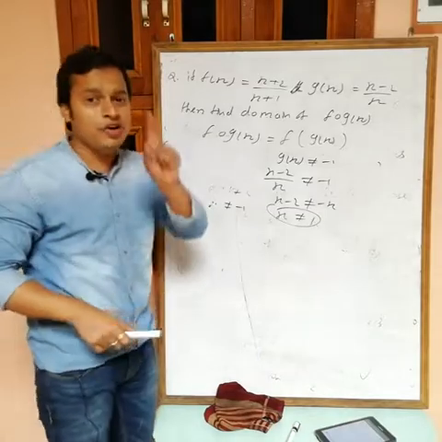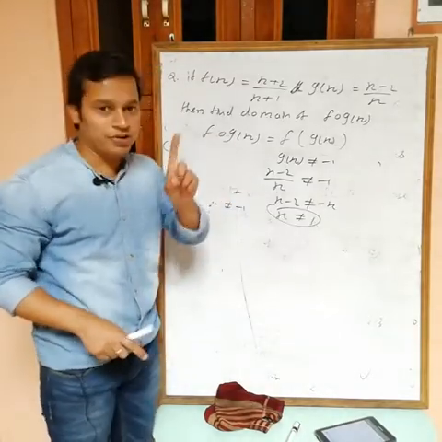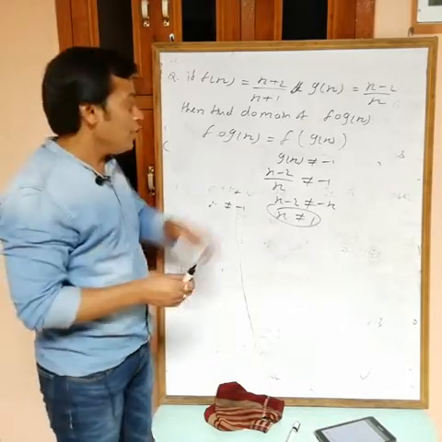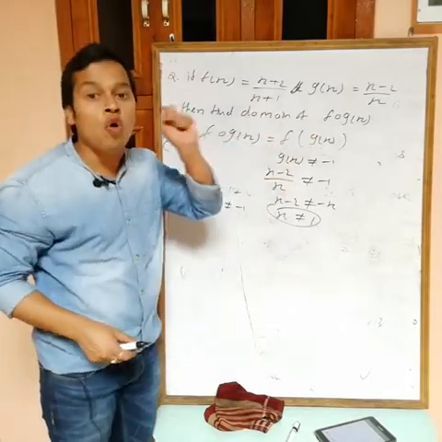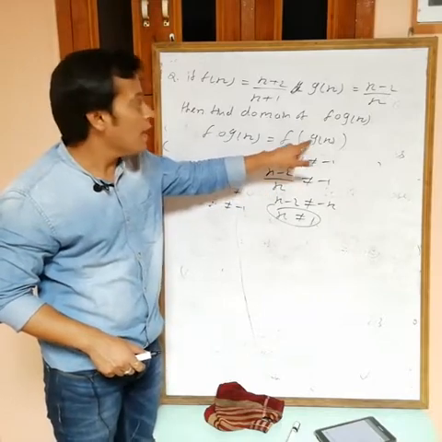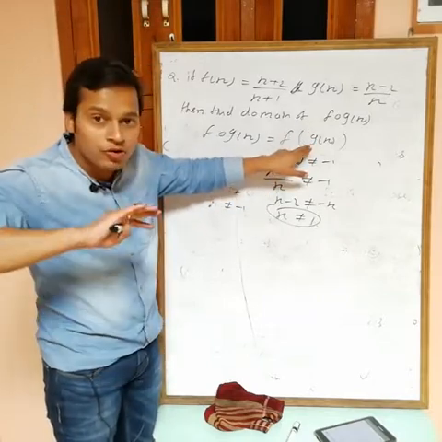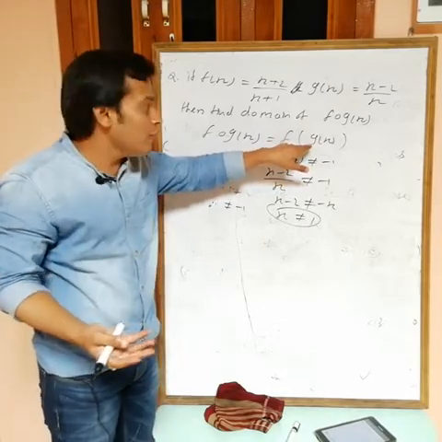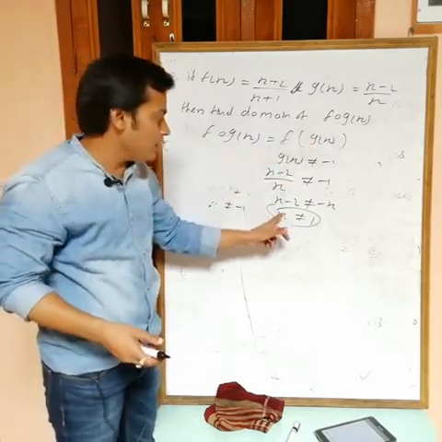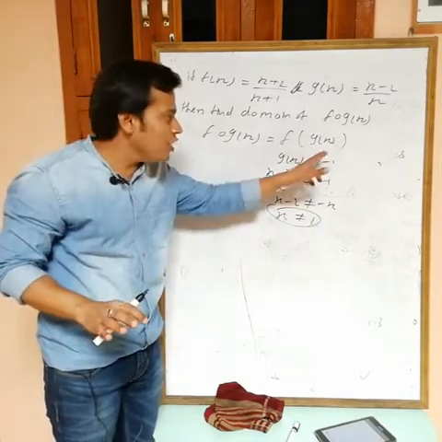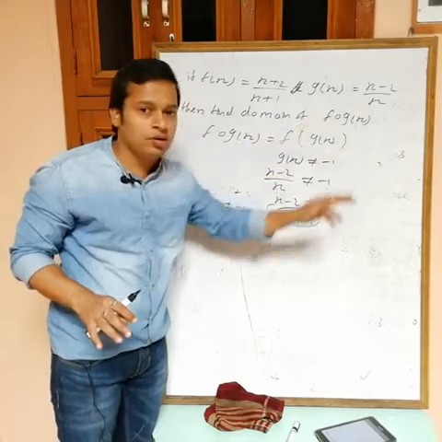Now again you have to remember, I am taking this example for one reason: at the end we have to remember that the domain of f of g(x) is always a subset of the domain of g. So you have to exclude those values of x for which g is not defined. Suppose you take only x not equal to 1, it means you can put 0, but if you put 0 then g(0) is infinity.